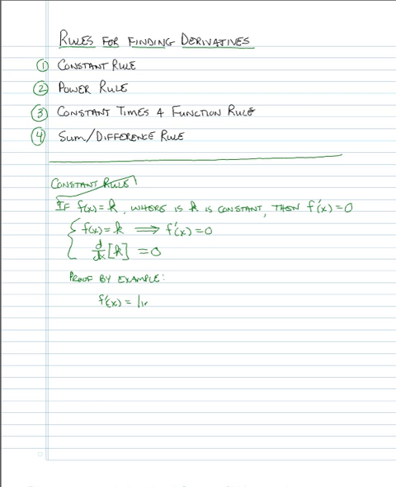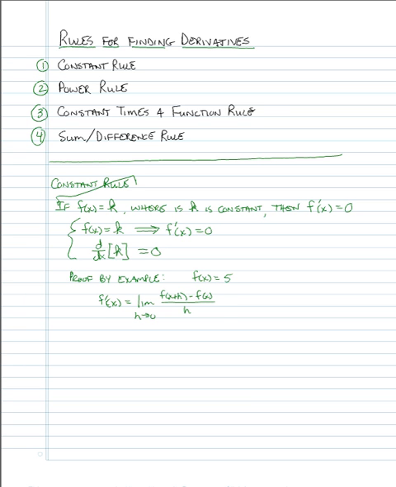That is, it would be the limit of f of x plus h minus f of x divided by h as h approaches 0. Now, in this case, remember, the f of x is just some constant. So we'll just pick on 5 for right now. Let's assume f of x is equal to 5.